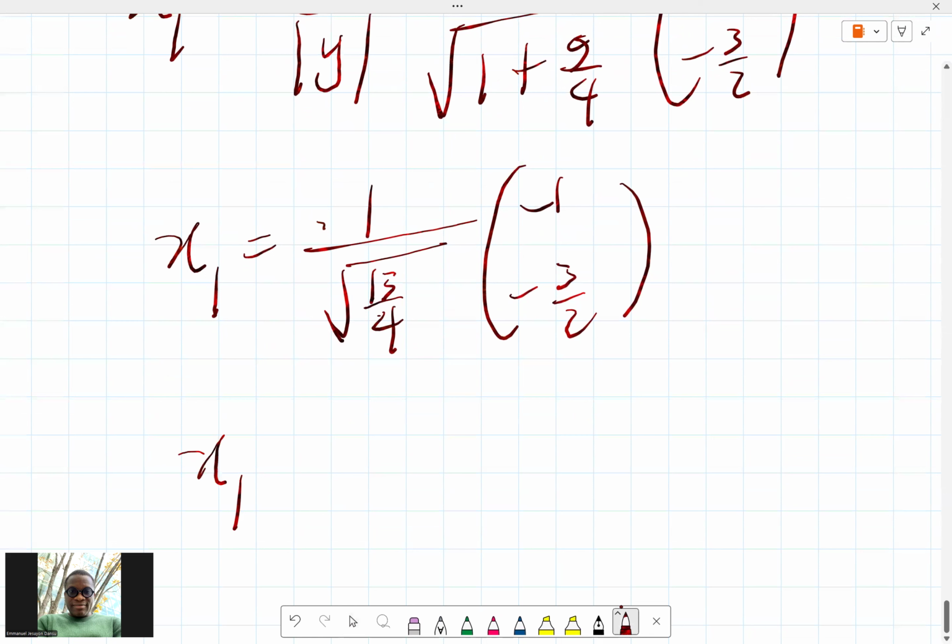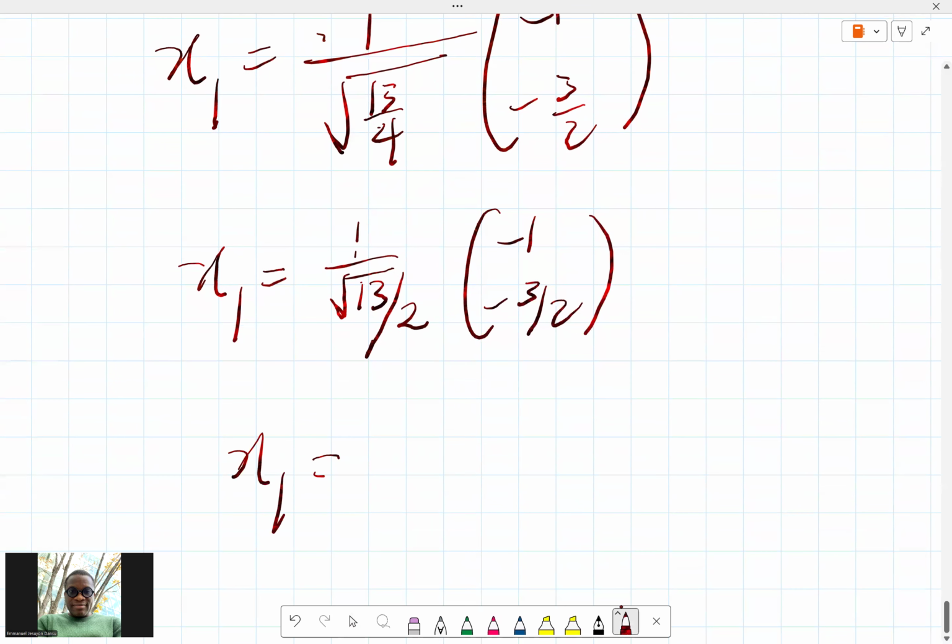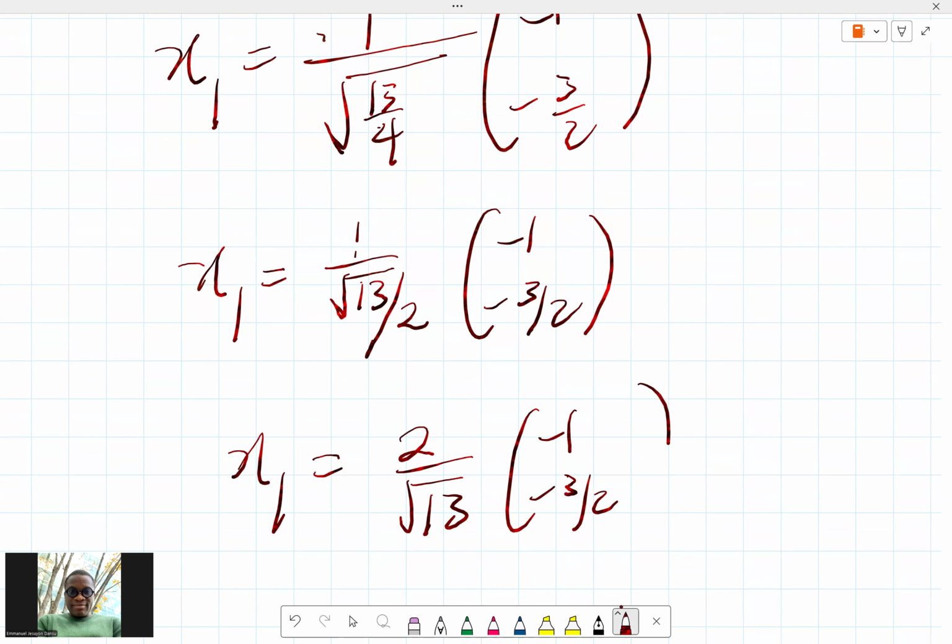So this can actually be 1 over root 13 over 2 into (minus 1, minus 3 over 2). So x1 is equal to 2 over root 13, the 2 can go up, into (minus 1, minus 3 over 2).